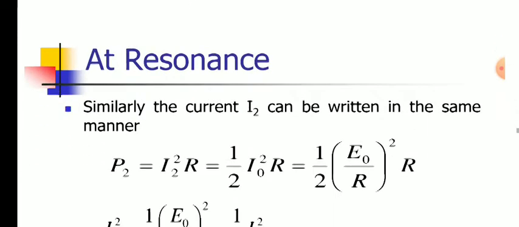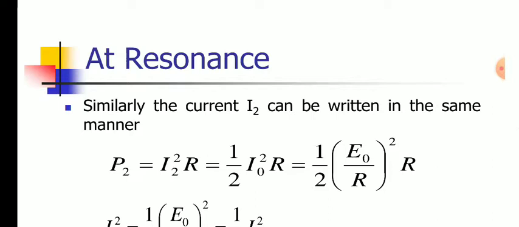Similarly, the current I2 can be written in the same manner. P2 is the power loss at the higher frequency at which the current in the circuit is I2.